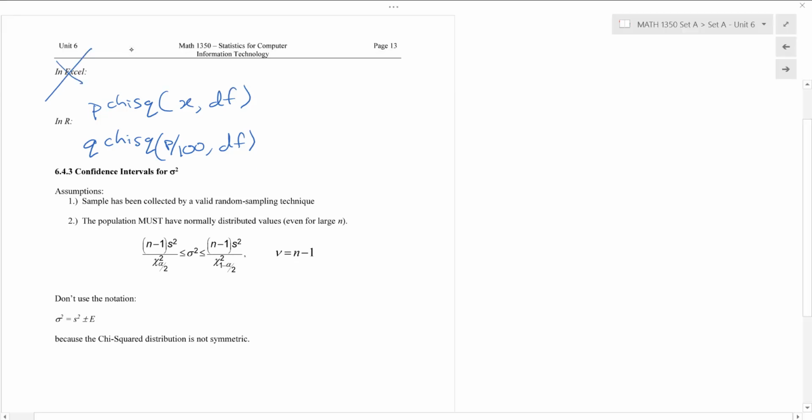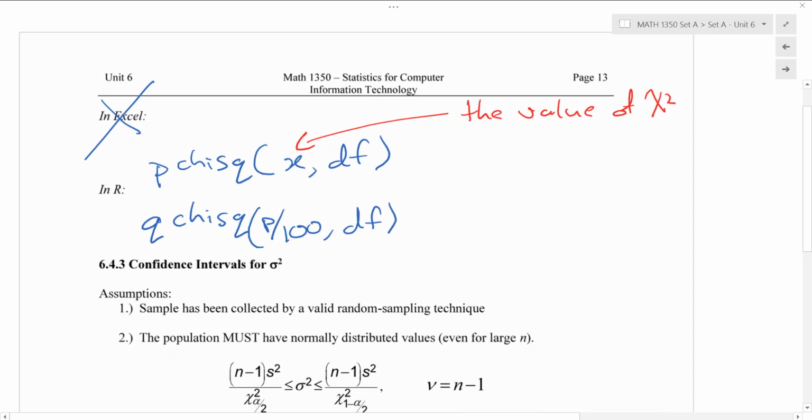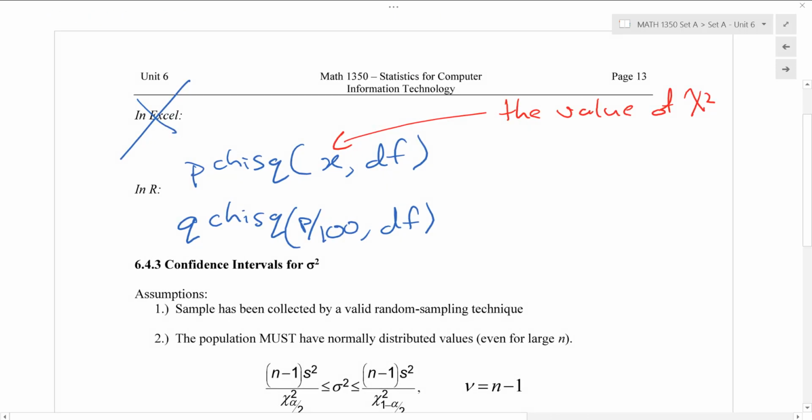So the p chi-squared is a lot like our p norm or our pt function. This value of x here gives the value of chi-squared. And we'll use this function to find the probability that chi-squared is less than or equal to this input value. So this one's a lot like p norm.